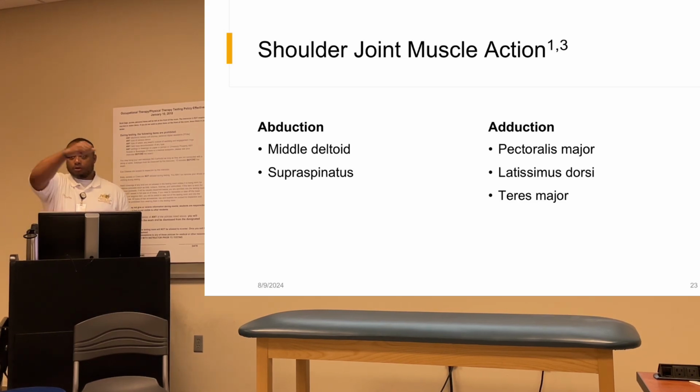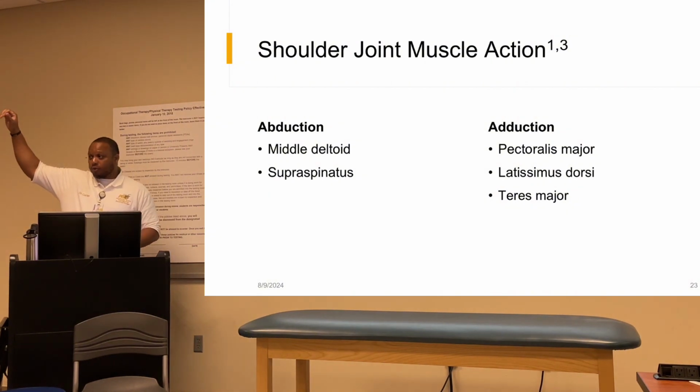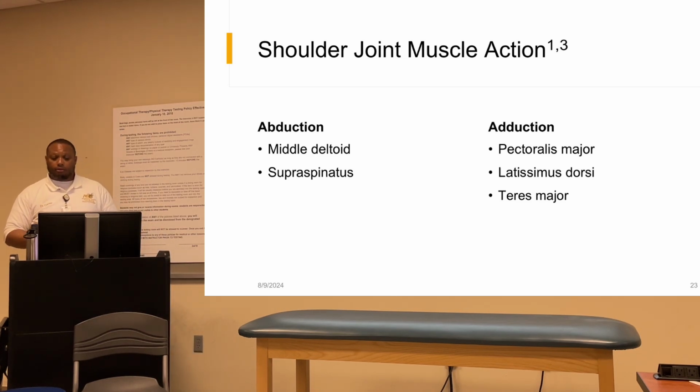We're talking about horizontal, and then also contributing to coronal adduction as well. Okay. Latissimus dorsi muscle is also an adductor of the glenohumeral joint. So if someone lacks coronal abduction, it can also be a limiting muscle to coronal abduction since it's an adductor. And then of course, teres major being an adductor as well.